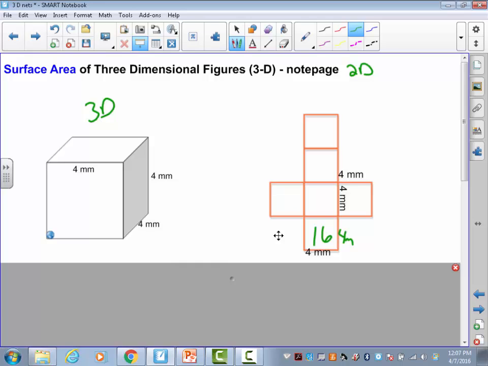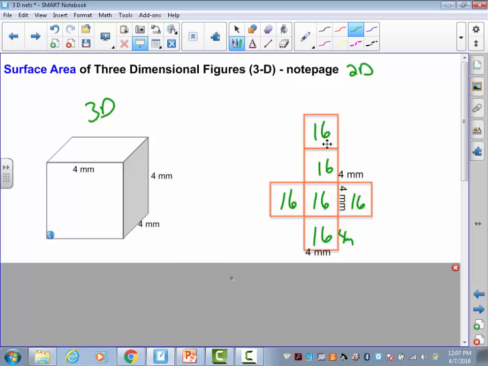And we can also say that this side's 4, this side's 4, these must be the same. Actually, every single one, since it was a cube, is going to measure the same thing. So all of those squares, because it's a cube, all of them are squares, all those squares are going to be 16 square millimeters. So how many do I have? 1, 2, 3, 4, 5, 6.